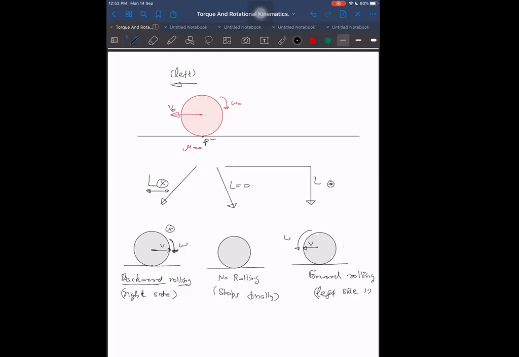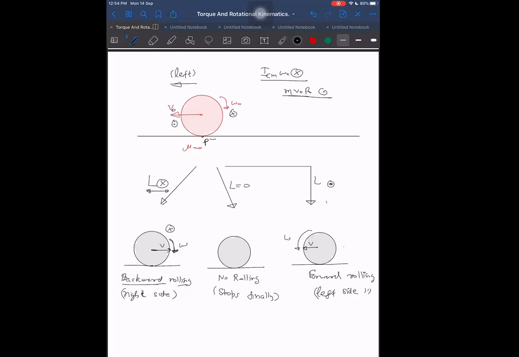Which is representing cross here and which is representing dot? Omega naught, about point P, is representing cross, and this one is representing dot. So ICM into omega naught is in the cross direction, and M into V naught into R is in the dot direction. If M V naught R is magnitude-wise greater than ICM into omega naught, then finally dot will win and it will remain in the dot direction only.